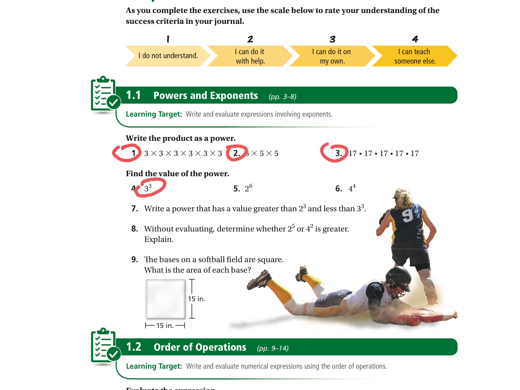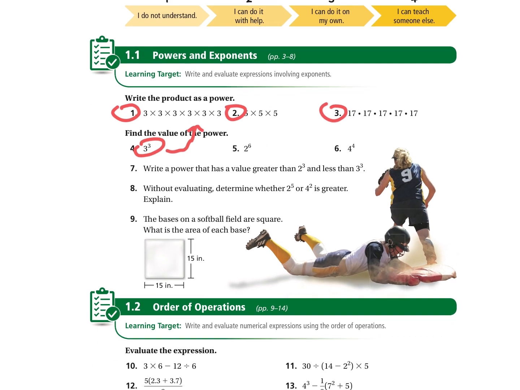And then be able to find the value of powers, to solve that by giving one whole number, which is essentially just rewriting it with multiplication symbols. So that was most of 1.1, working with exponents.